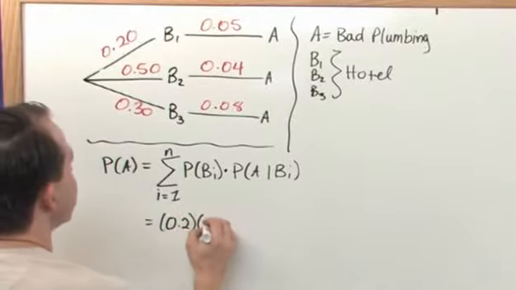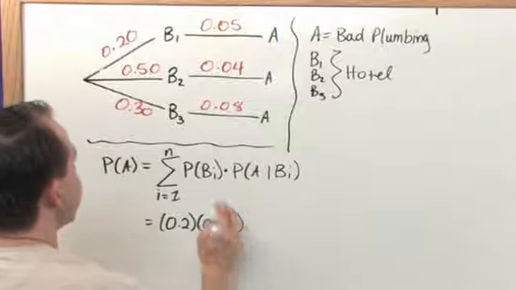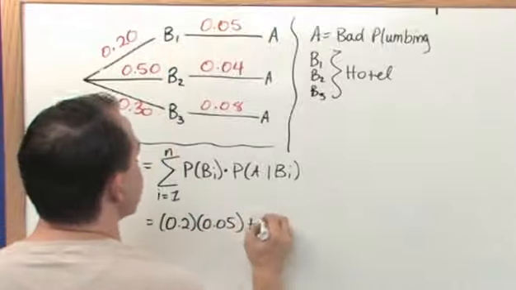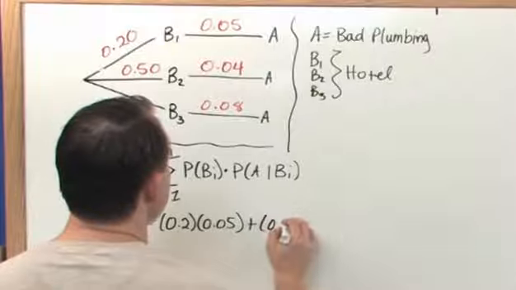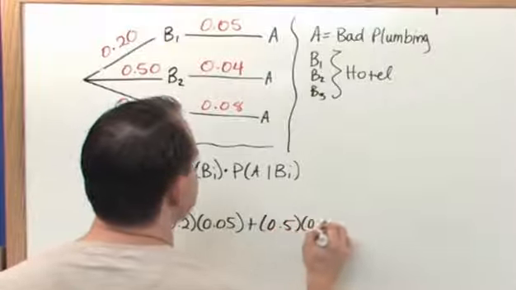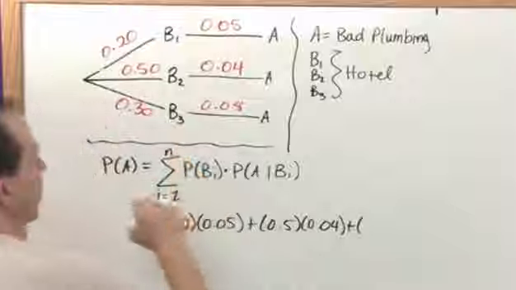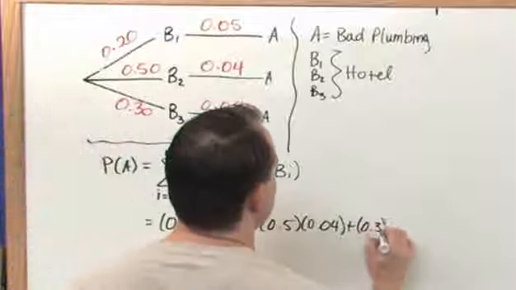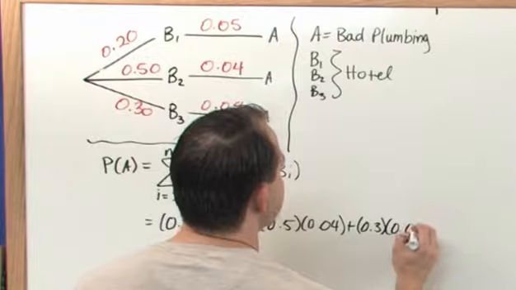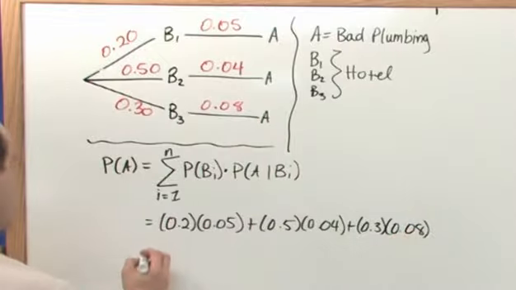0.2 times 0.05, that's the first path, plus 0.5 times 0.04 plus, and along this path, 0.3 times 0.08. Okay? That's exactly what it's equal to.